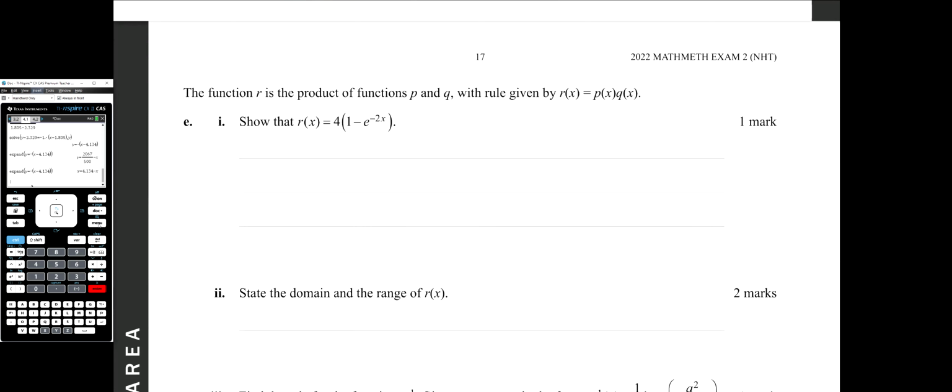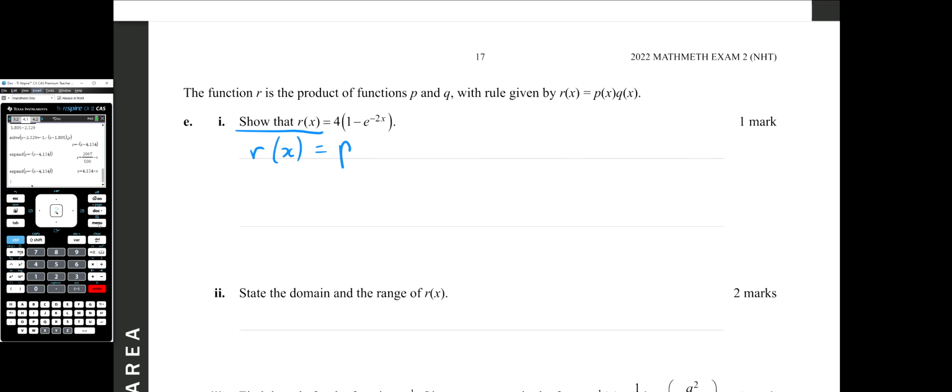Excellent. So moving on. The function r is the product of functions p and q, with rule given by r of x equals p of x times q of x. Part 1 asks us to show that r of x equals this particular expression. To show that, we can't really use our calculator to do the working. We have to do the working by hand, and then we can verify it on our CAS.